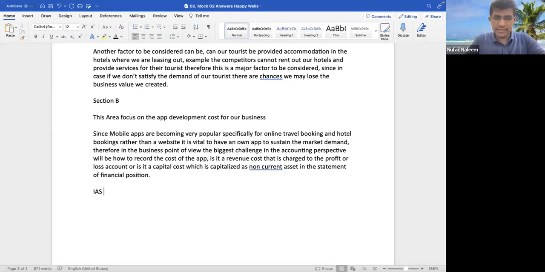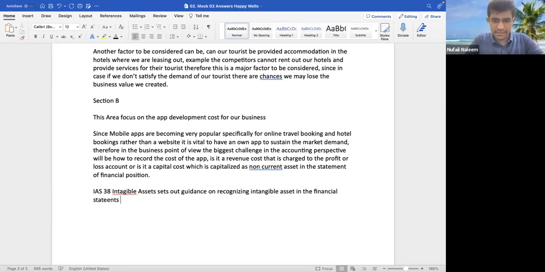IAS 38, intangible assets, sets out guidance on recognizing intangible assets in the financial statements.